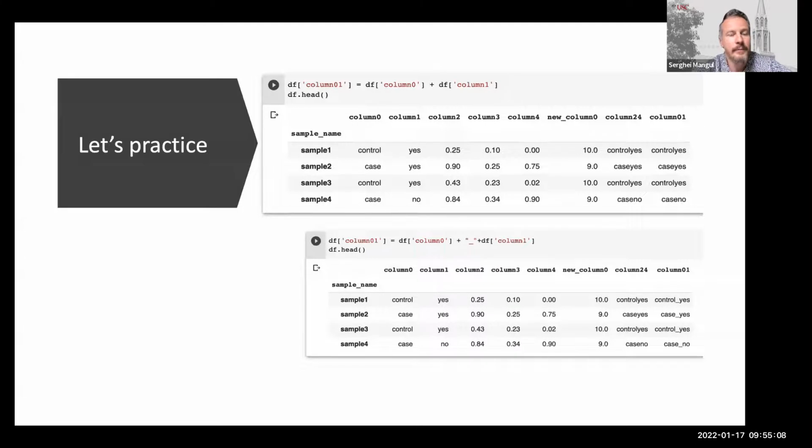You just make the sum, and you will see that you got a new column called 0, 1 right here, and you can see there is control yes, case yes, control yes, case no. In this case we have people who are controls and cases. Controls are usually people with no disease and cases have a particular disease, and you have some answer, yes or no. Maybe they took a drug or they did not take a drug, for example.